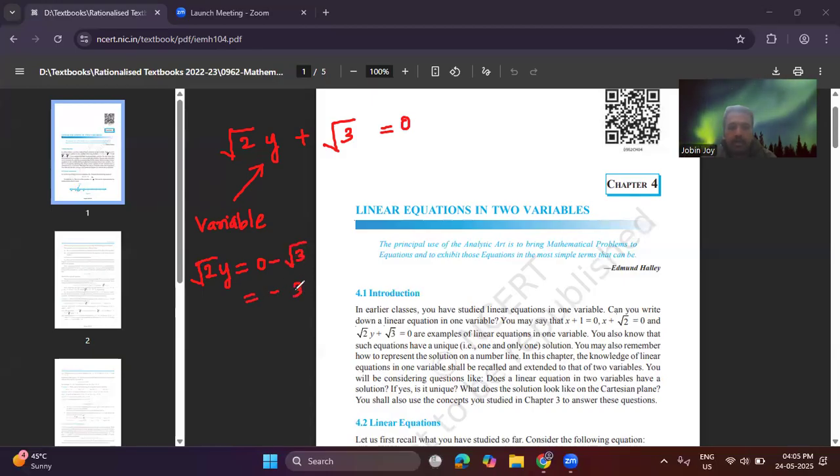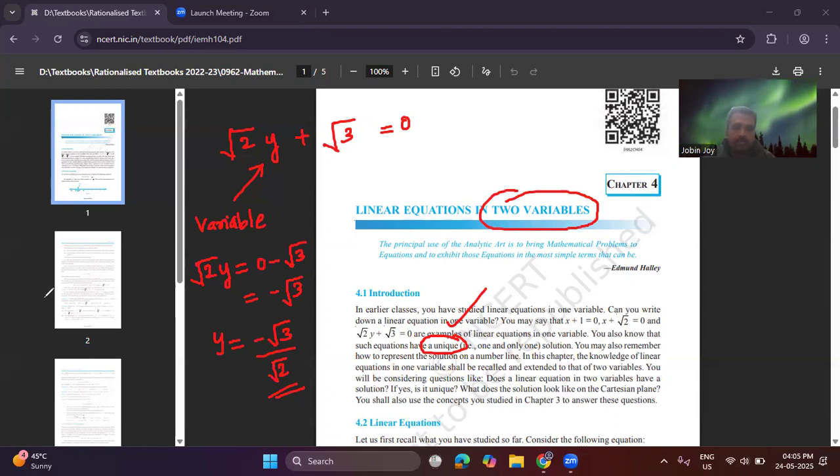So this will be minus root 3. So y is equal to minus root 3 divided by root 2. Again, the solution is unique. That means one and only one solution.